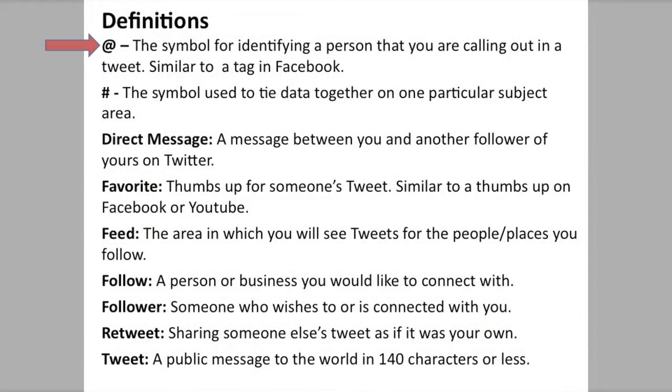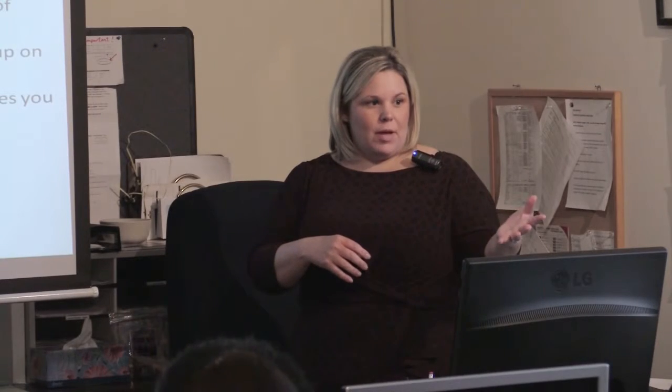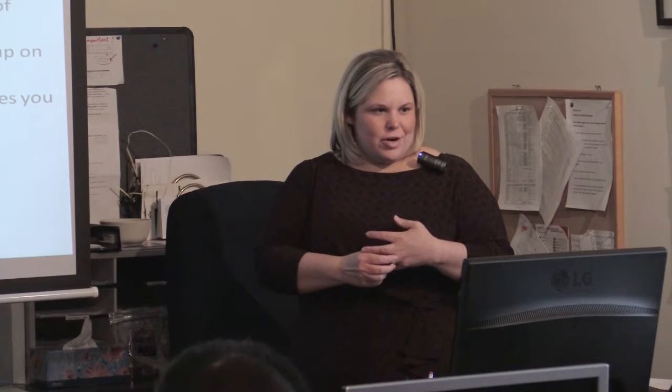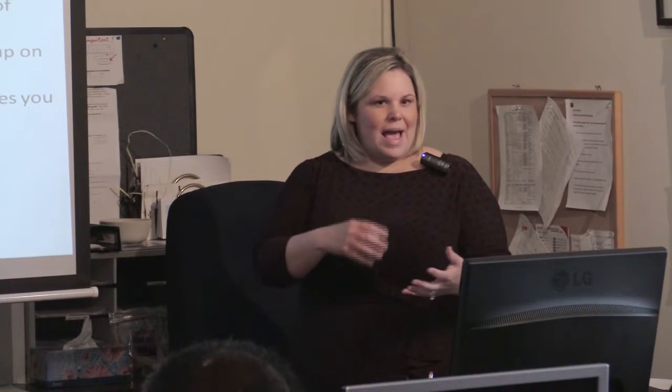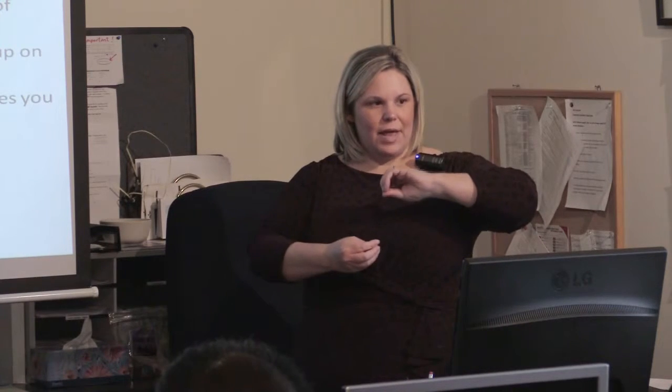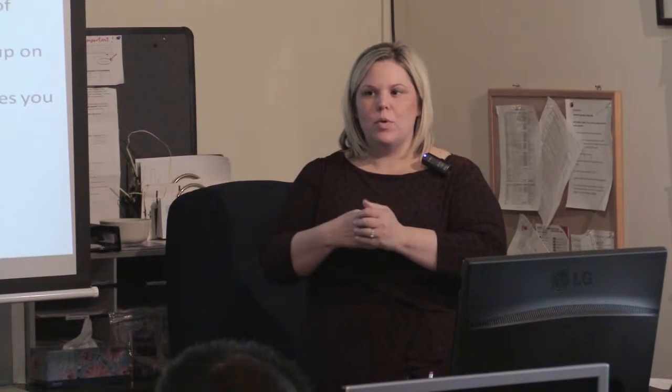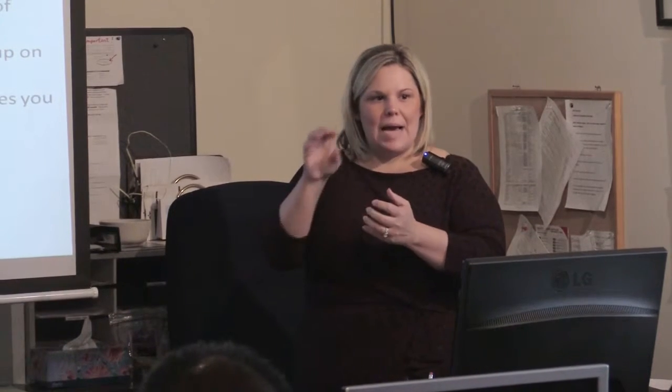Definitions. So this is also in your handout, but you can have it as well. The @ symbol is used for identifying a person in a tweet. So if I'm going to tweet about Debbie, for example, I'm going to put, I had a great time at your job training seminar, at Debbie Lunger. So now it's going to show up in Debbie Lunger's feed that I was talking to her through Twitter. So it just kind of highlights it, just like you would in Facebook, like you would tag a picture.